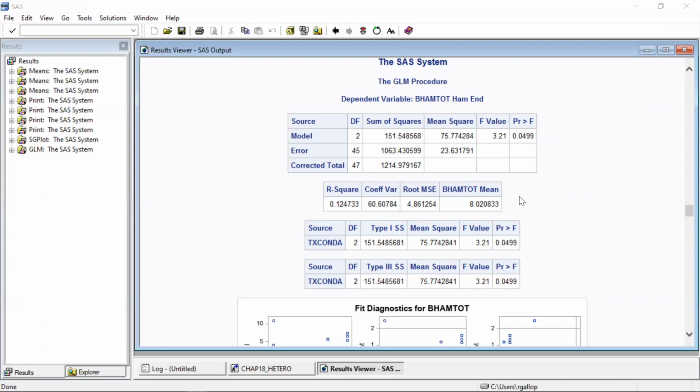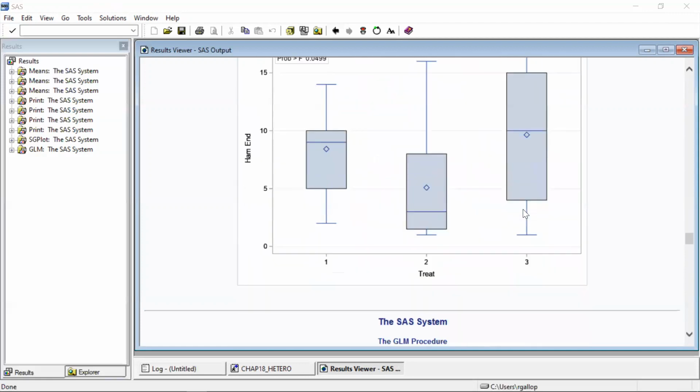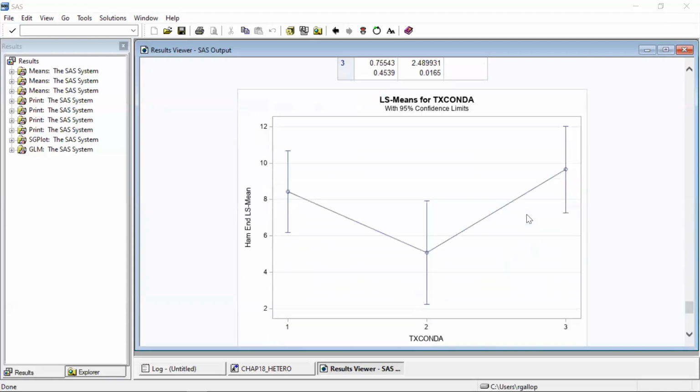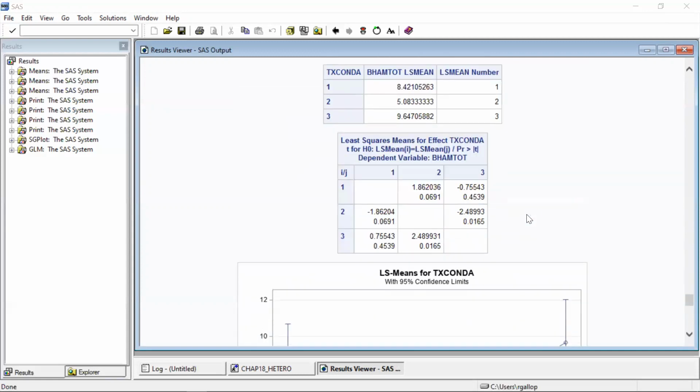But again, if we looked at this, we'd say, based on available data, we have sufficient evidence to indicate that on average the mean depression across the 3 levels of treatment is not the same, with at least one separating. If I jump down really quick to the LS means, we can see that what's really driving the effect is a significant difference between treatment 2 and treatment 3.